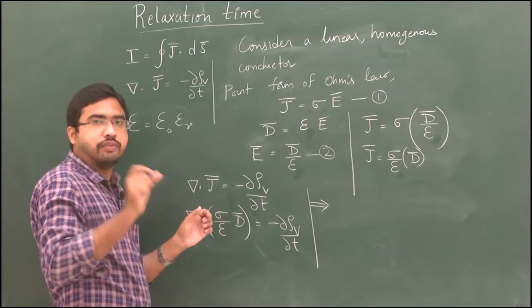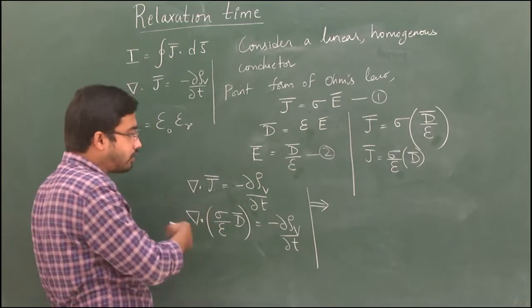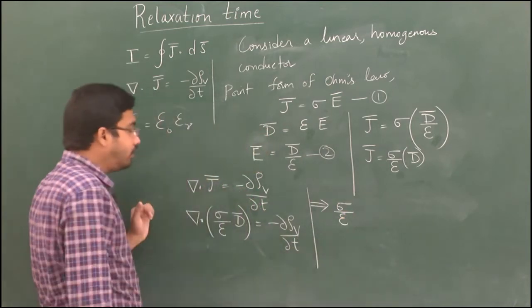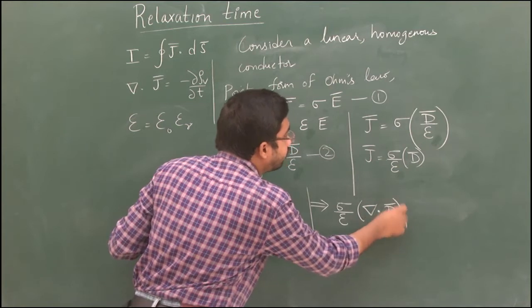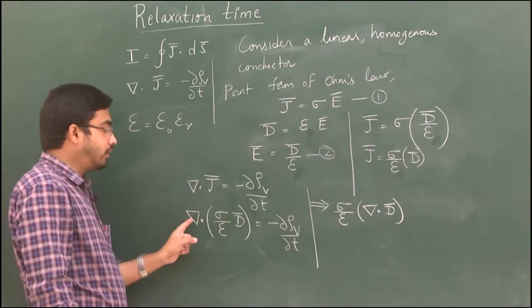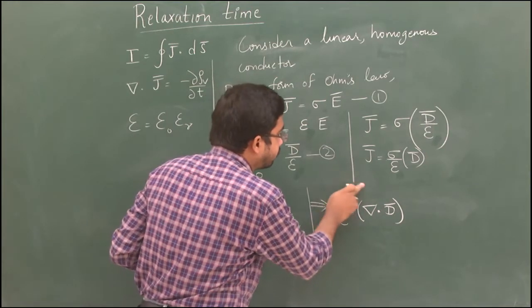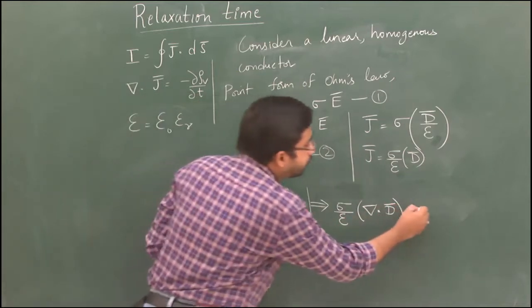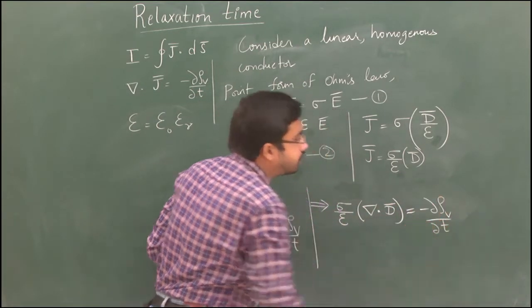Sigma is the conductivity and epsilon is the permittivity, both constants. So sigma by epsilon into del dot D bar is equal to minus dou rho v by dou t.